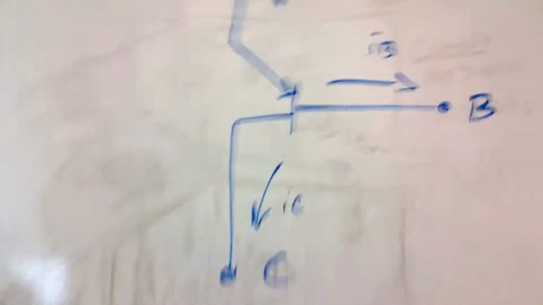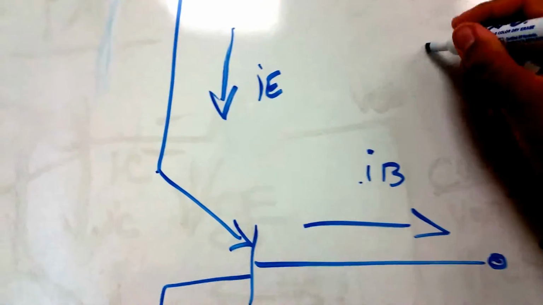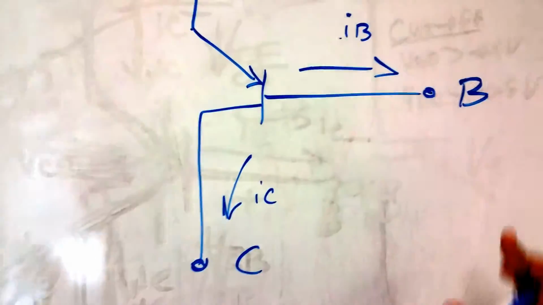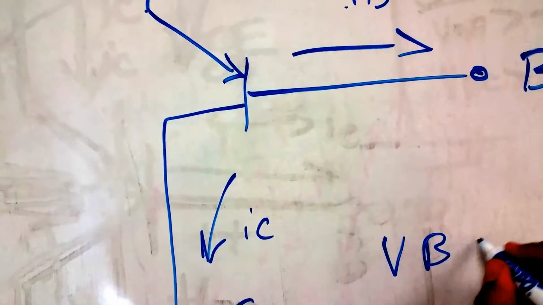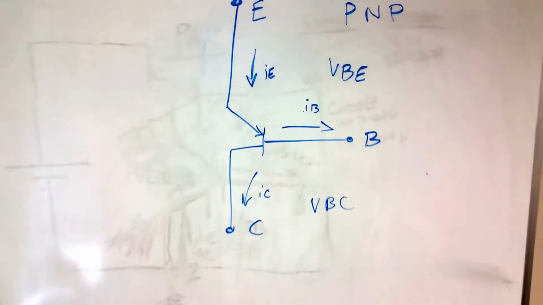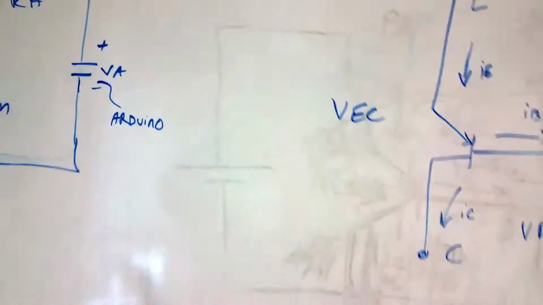So, going between E and B, we have VBE. Going between B and C, we have VBC. Going between E and C, if you guys can see that correctly, we have VEC, or VCE, if you guys want.